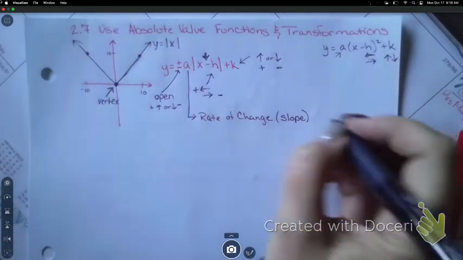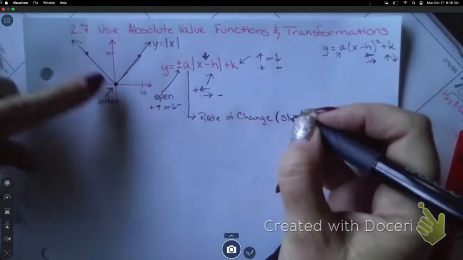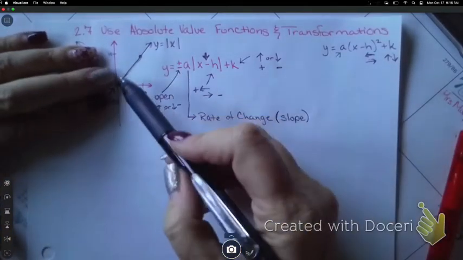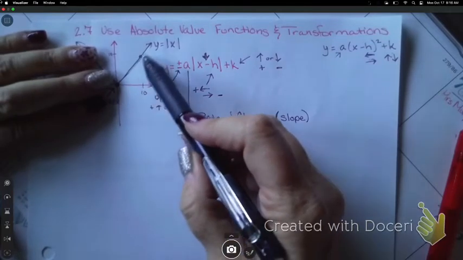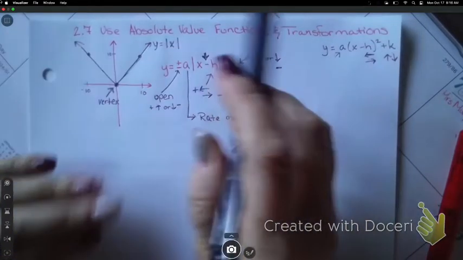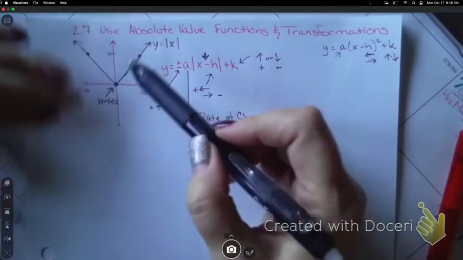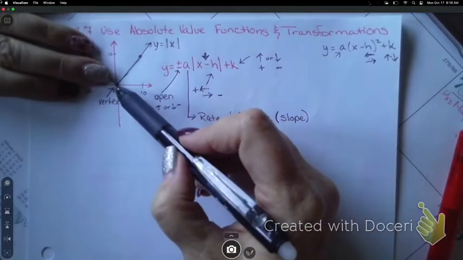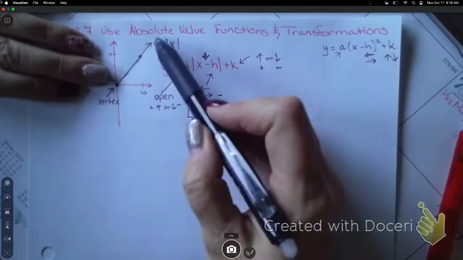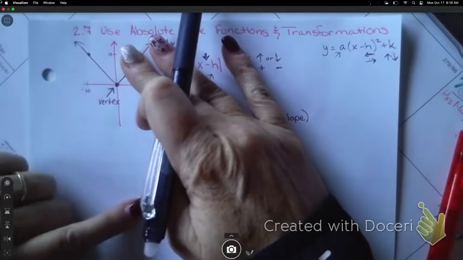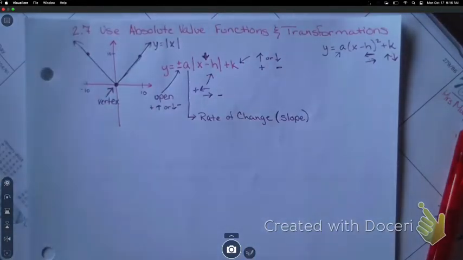Now, with absolute value, it's kind of nice because these are straight lines and not curved. So is the slope of this constant? Yes. Is the slope of the other side constant? Yes. But this right here, if I were to extend it, that would be a positive slope, wouldn't it? But on this side, it would be a negative slope. So it's the same slope, just one's positive and one is negative.